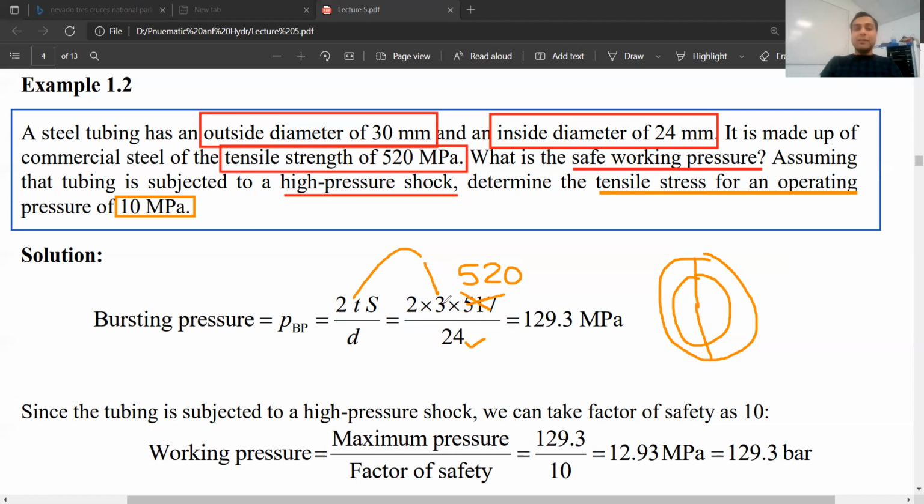Now I didn't convert that 3 and 24 into meters, because if you convert that into meter, you still get the same ratio. So you don't have to convert because they cancel out anyway. So you have 130 megapascal rather than 129.3.